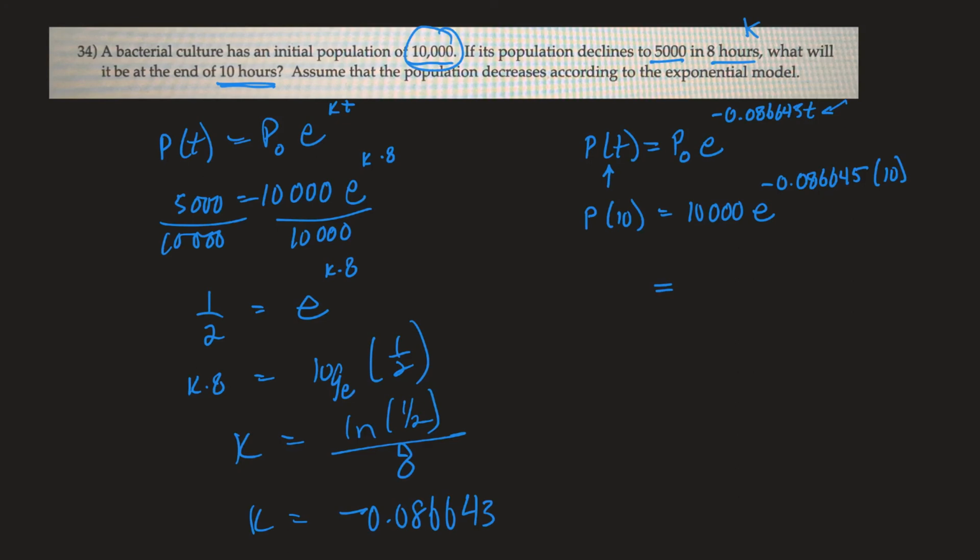Times 10. Okay, I think my calculator is okay. So I think that I came up with 4,204.4147-ish. So basically I'll have how many bacteria? I'm going to have about 4,204 bacteria.